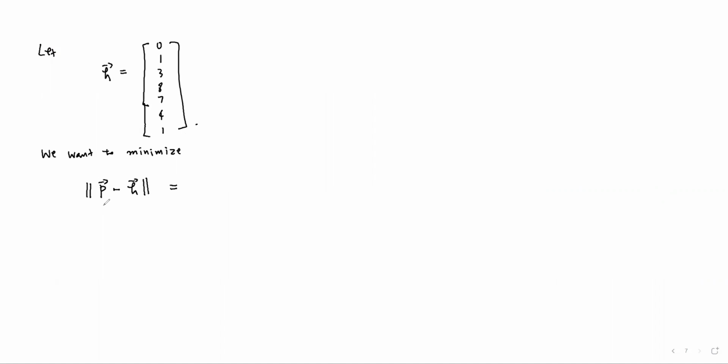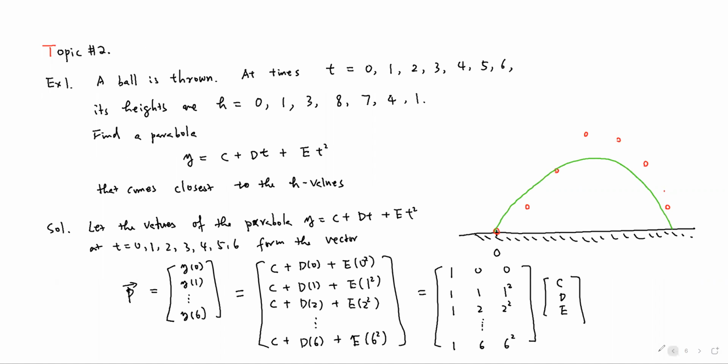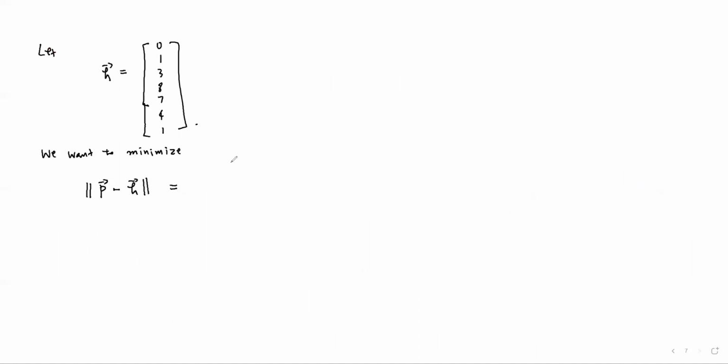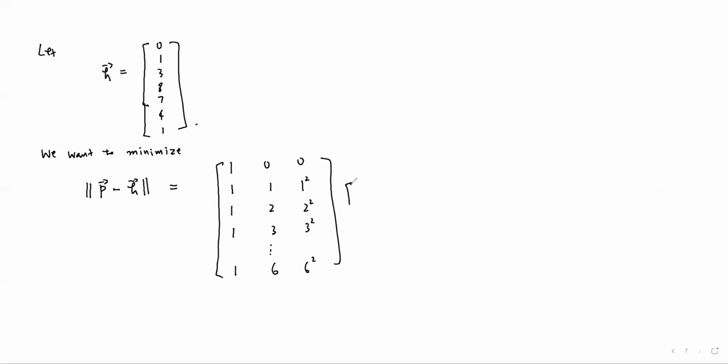Why? What is P? P is actually this matrix, 1, 0, 0; 1, 1, 1 squared; 1, 2, 2 squared; 1, 3, 3 squared, and so on, the last row 1, 6, 6 squared, times C, D, E. What is C, D, E?